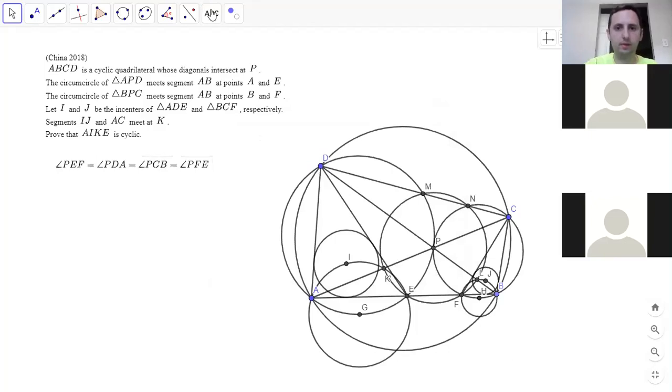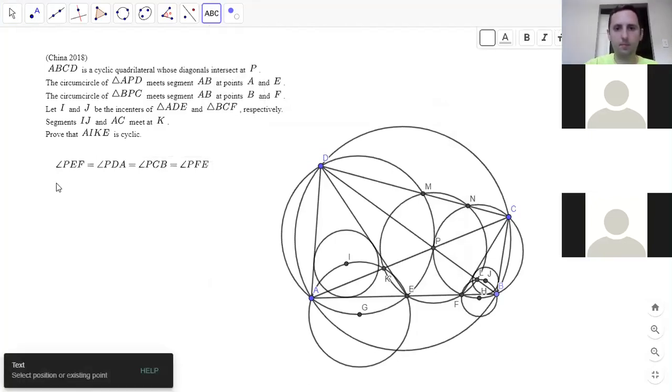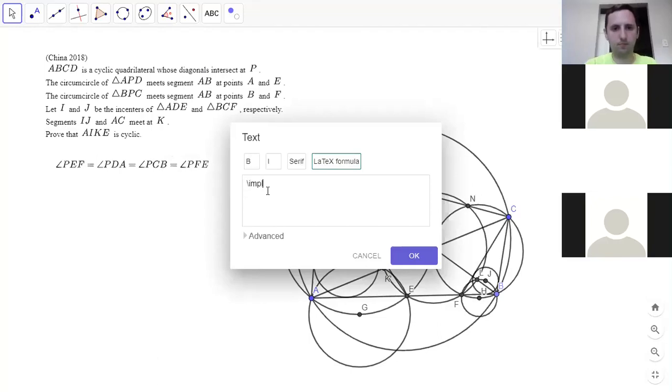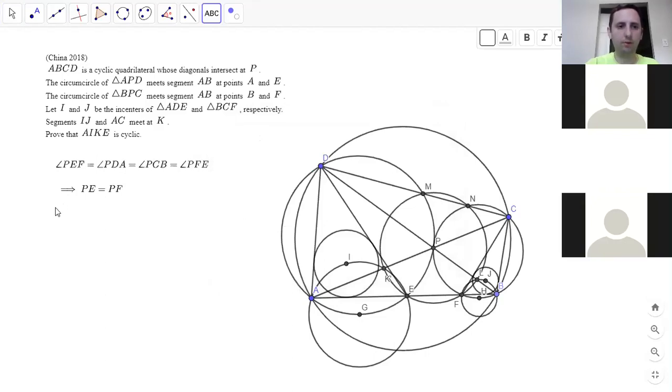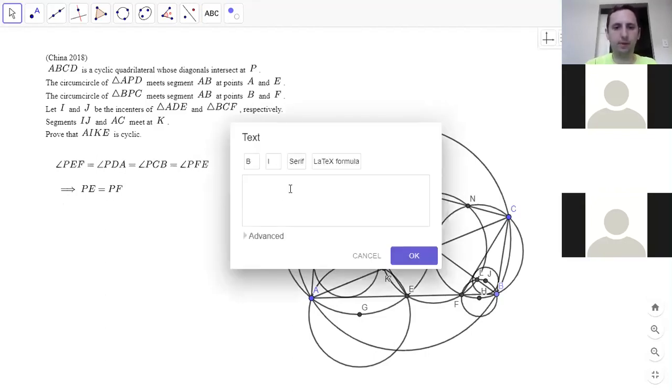So that means that PE is equal to PF. Draw the circle with center P and radius PE equals PF. Let it intersect AC at K prime.